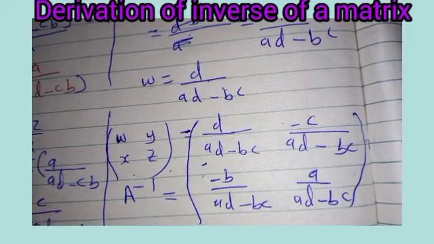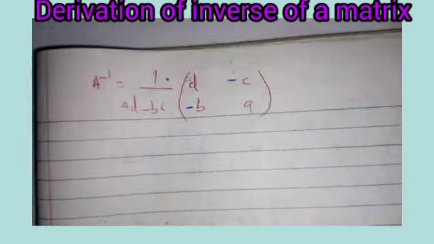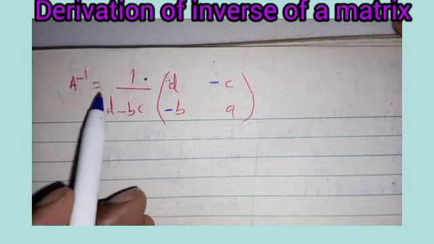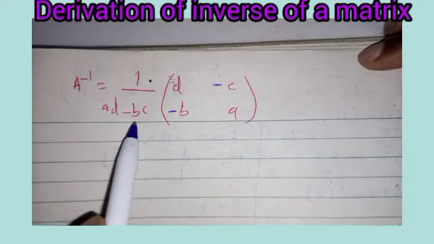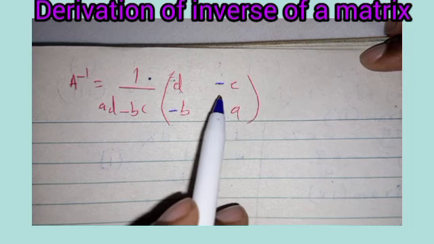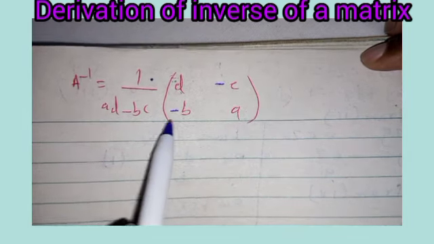We can factor the denominator out because it is the same. So factoring the denominator, which is ad minus bc, outside, we will be left with d, minus c, minus b, a.